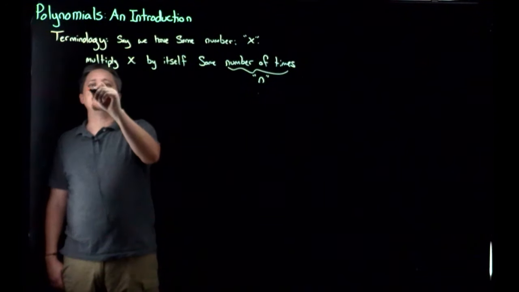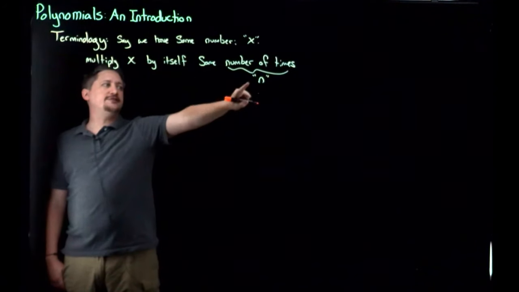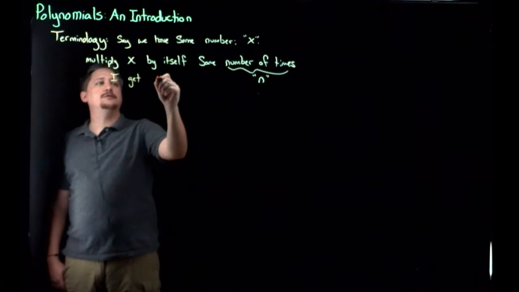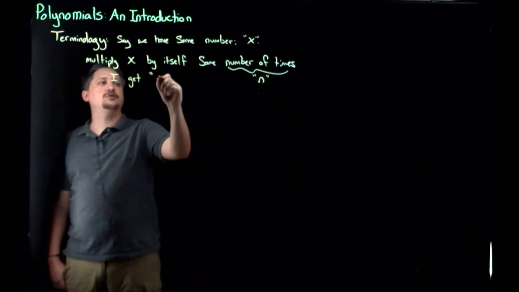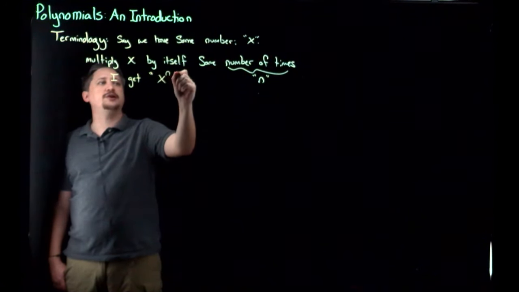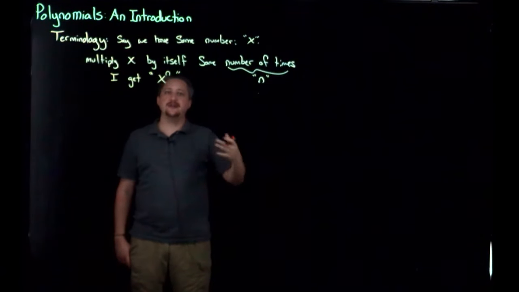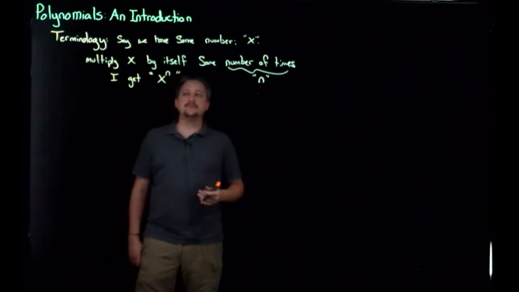Then I'm going to take the result. So if I multiply it against itself n times, I get some, putting in quotes here because I'm kind of keeping track of what I have, some x to the n, right? Because I have x times x times x n times, so that's x to the power of n.